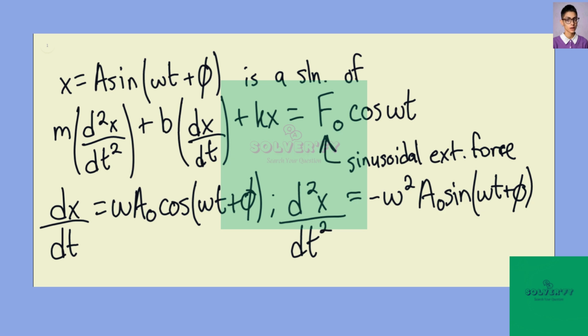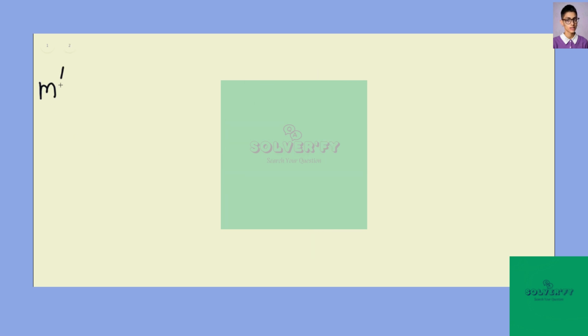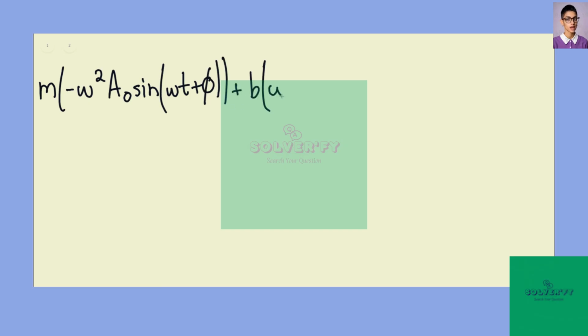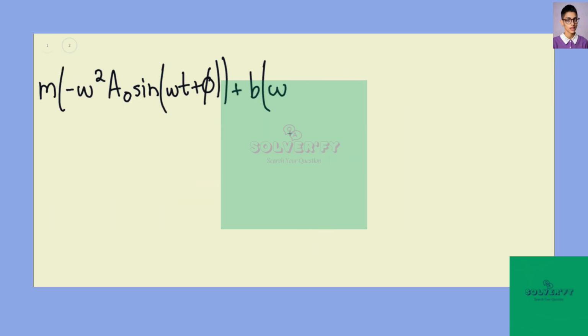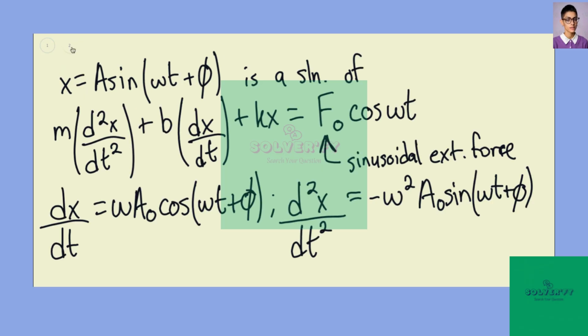So we can say that m times negative omega squared, you simply have to substitute these derivatives into this equation here that we're trying to prove. We're trying to prove that the function x is a solution of that equation here.